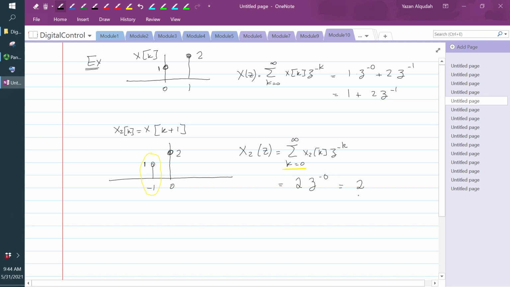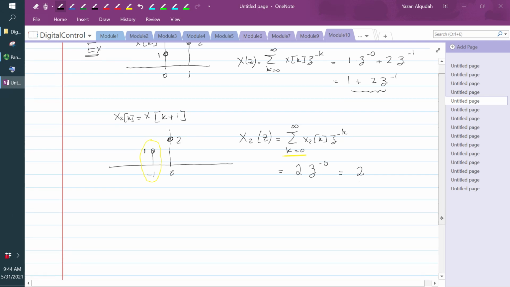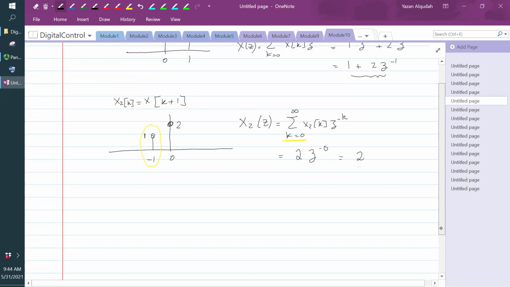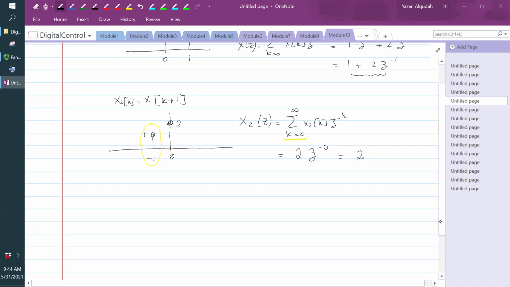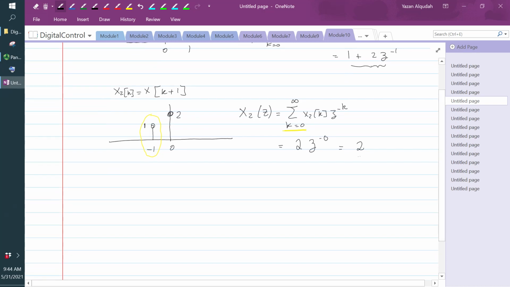Now how is this result compared to this result? I can see that if I take the result that I got here, multiply it by z and subtract from it z multiplied by x of 0, I'm going to get the result I got for the second signal.